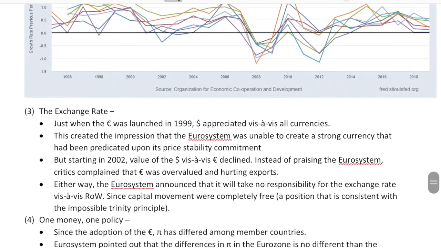All right. Let's now talk about the exchange rate. Just when the euro was launched in 1999, the dollar was appreciating vis-a-vis all currencies. Why?